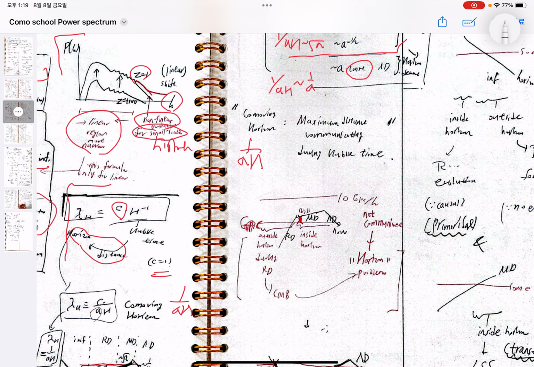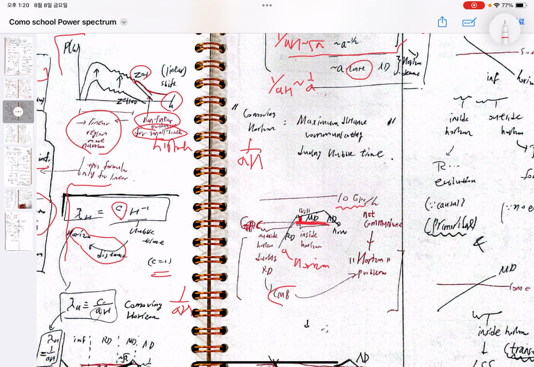If we consider some specific scale, for example 10 gigaparsecs, then there is no communication at such a scale. This graph is the horizon size. But if we consider the gigaparsec scale, then in this era this scale was inside the horizon, but the gigaparsec scale is still outside the horizon during radiation dominance.